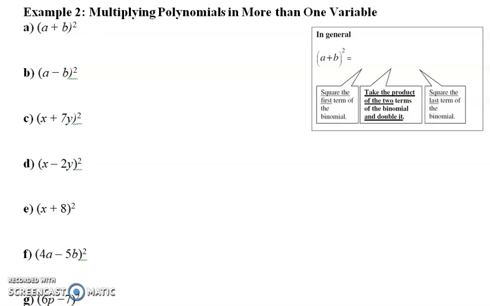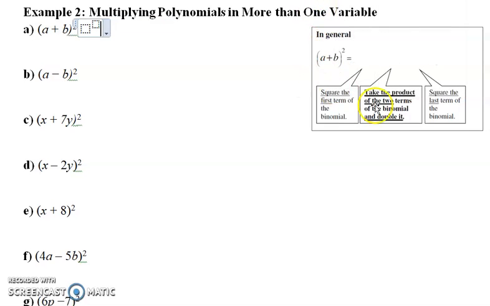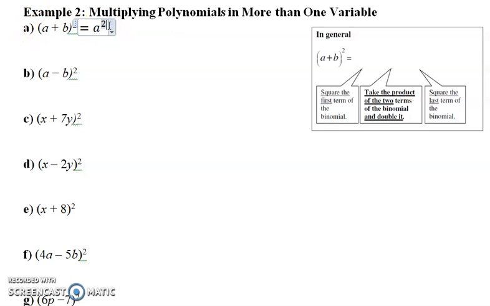You'll notice that you square the first term of the binomial, take the product of the two, and then square the second term. I'm going to show you a little trick to that. We take the first term and square it, so it's a squared.